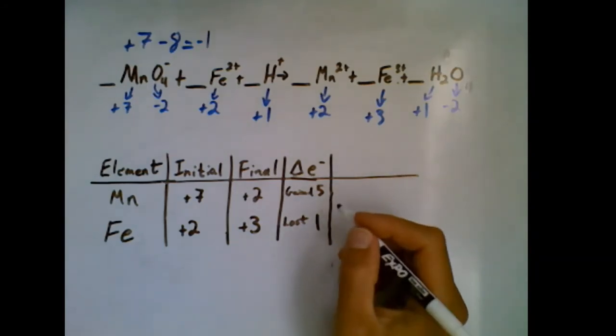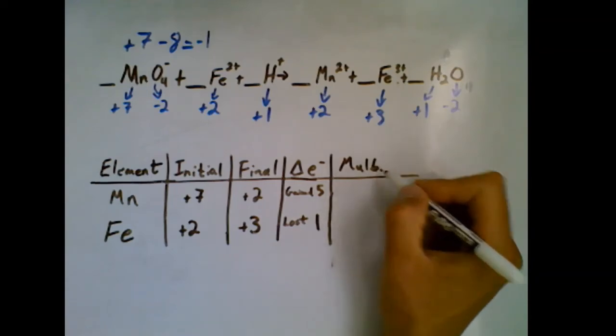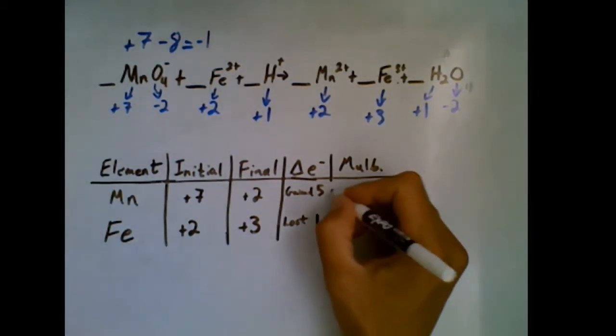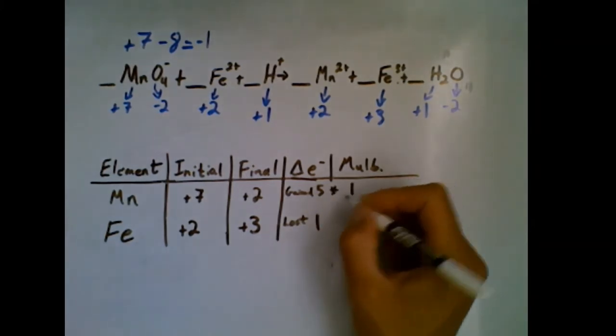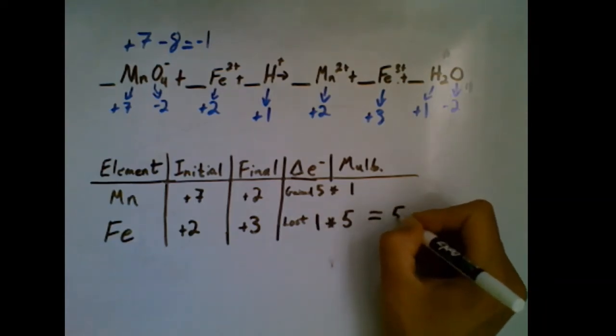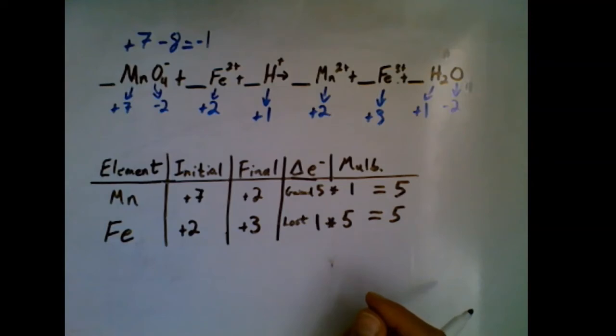So now what we need to look at is what we are going to multiply by. We need to multiply the manganese just by 1, and the iron by 5. And that's going to give us 5 electrons transferred in total between each one.